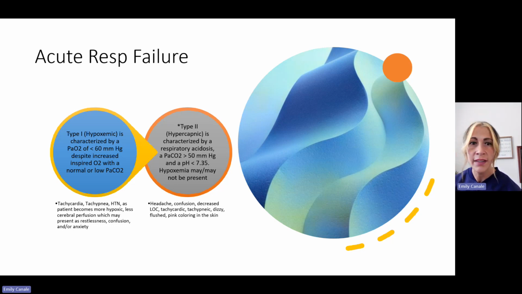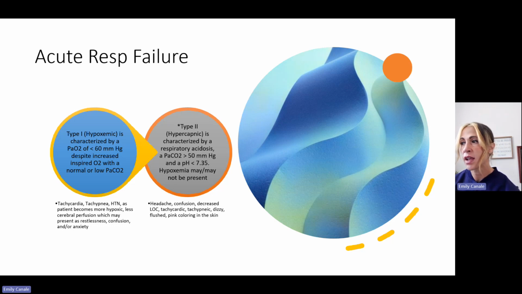The prevalence of acute respiratory failure really varies. It is, however, life-threatening because we're talking airway and breathing here, so it has a high mortality rate. The risk factors for hypoxemic respiratory failure are going to be any disease that produces a VQ mismatch or that impairs oxygen diffusion.